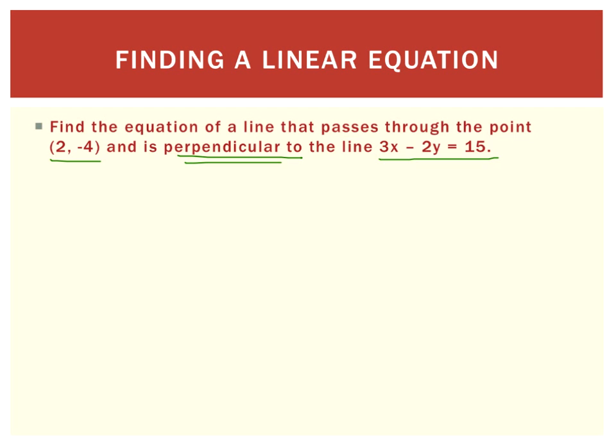What is the slope of the line? Just this original line here, 3x minus 2y equals 15. Let's start by thinking, what form do I maybe want it in to find the slope?